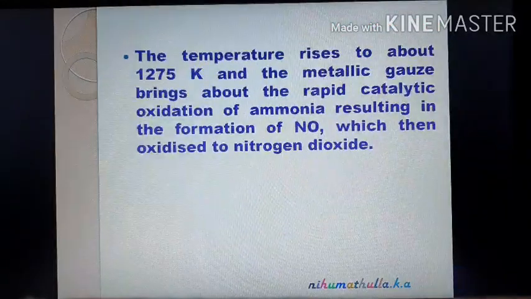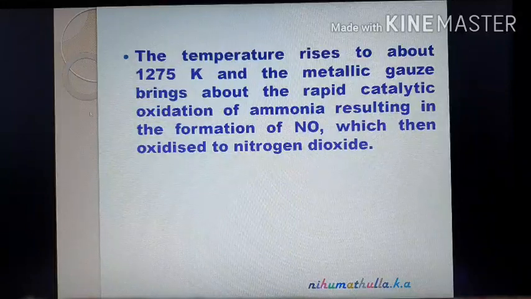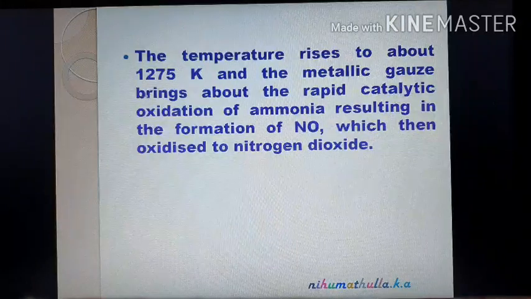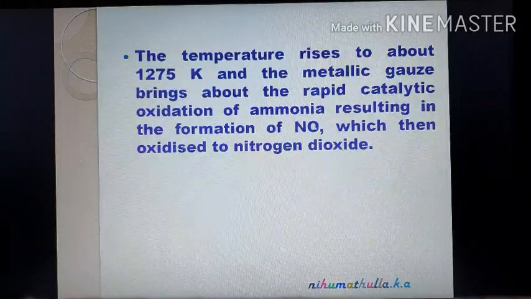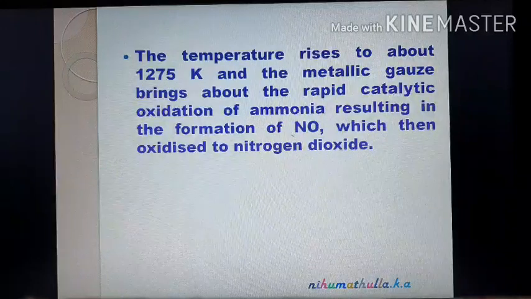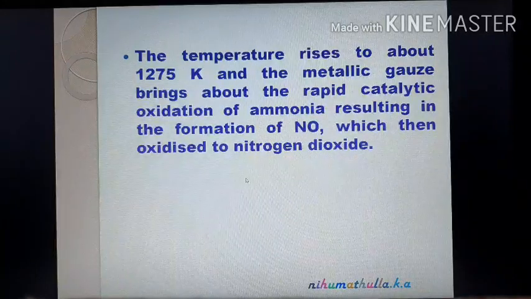The temperature rises to about 1275 Kelvin and the platinum gauze brings about the rapid catalytic oxidation of ammonia, resulting in the formation of NO, nitric oxide, which then oxidizes to nitrogen dioxide.